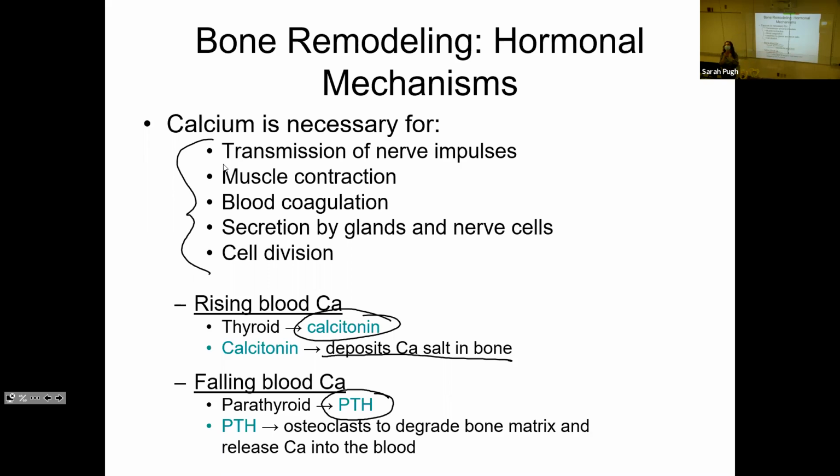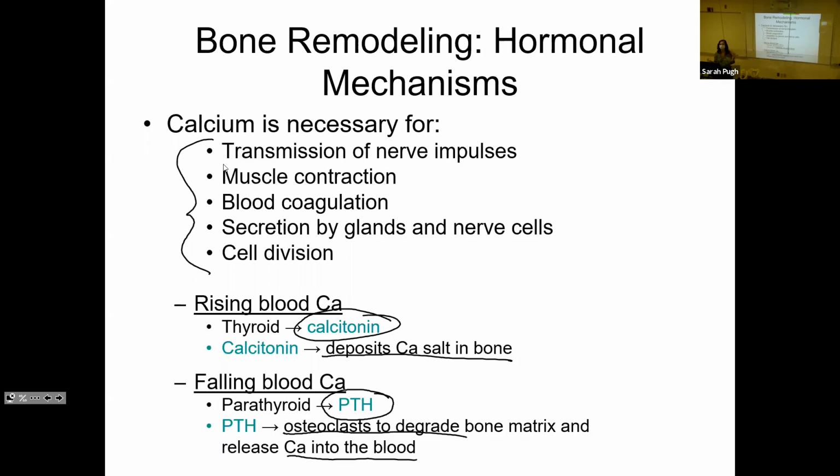So the thyroid is like a little butterfly-shaped gland up in the neck, and the parathyroid kind of sits behind it and around it. So the parathyroid will release parathyroid hormone, and that's going to cause osteoclasts to start breaking your bone down. And you're going to liquefy that calcium, and it's going to go into your blood, and you're going to raise your blood calcium level.